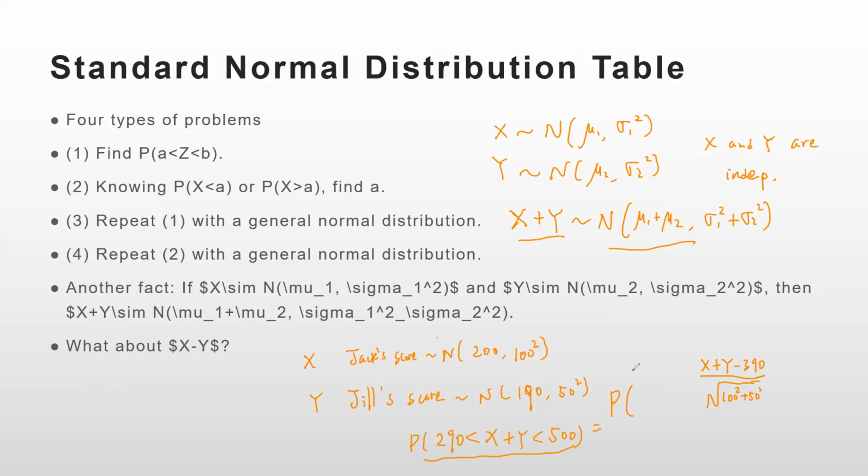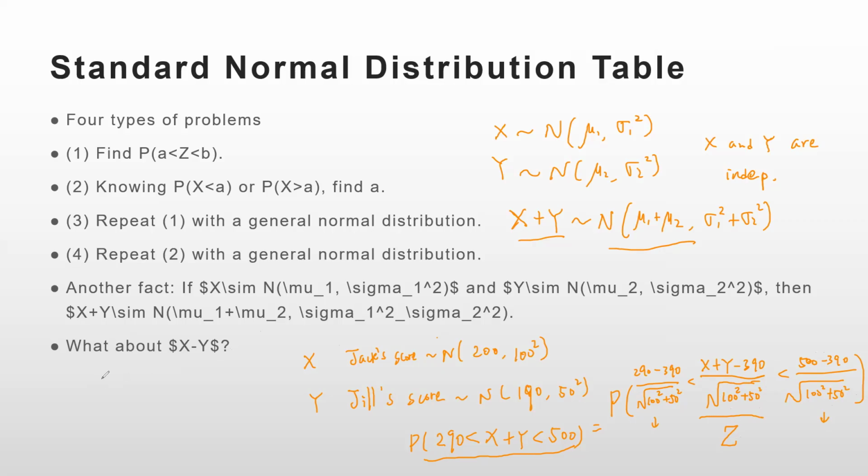You do the same thing for 290: 290 minus 390, divided by this number. And you do the same for 500. Okay. And then this is actually our Z because you standardize it, it becomes a standard normal random variable, and you will get the number here. You simplify it here, and you can use the standard normal table to find this probability.